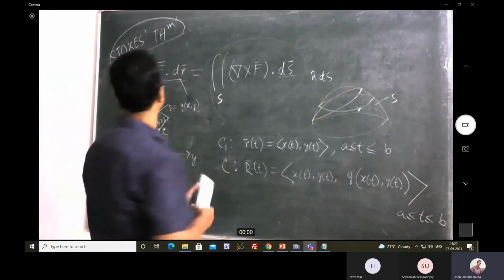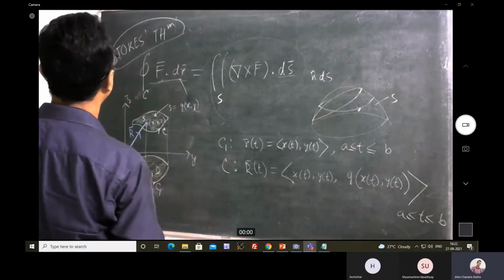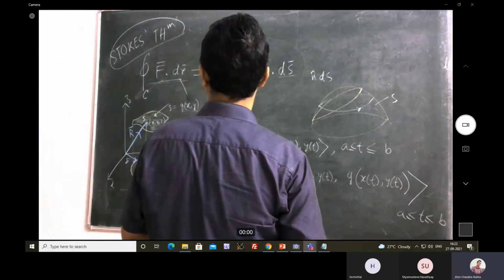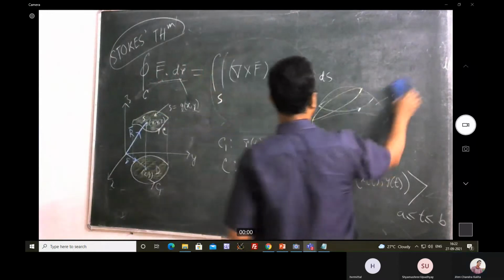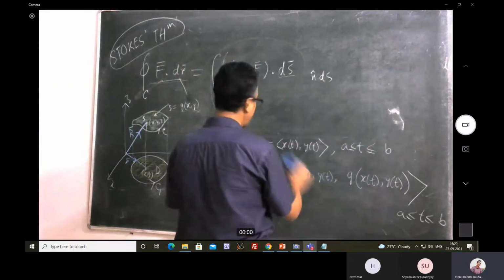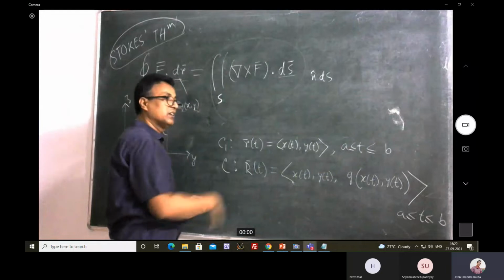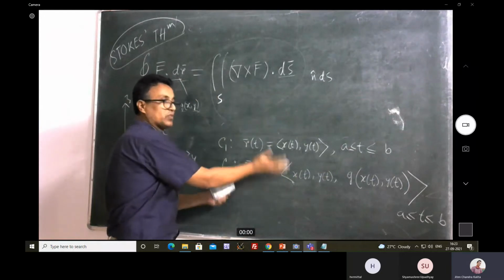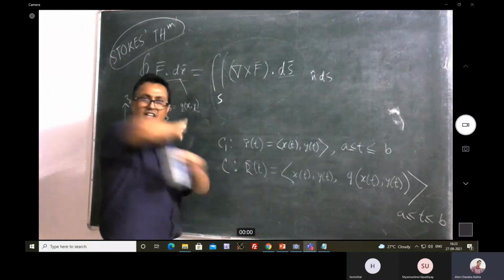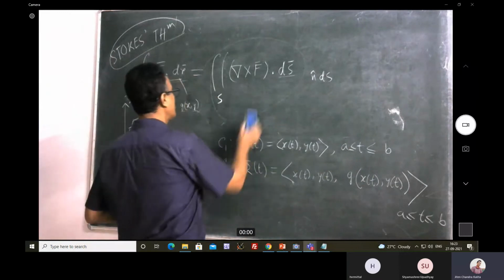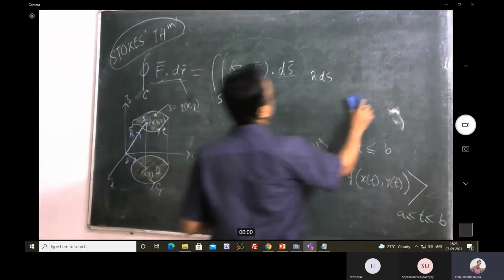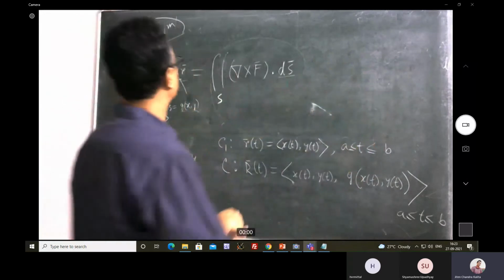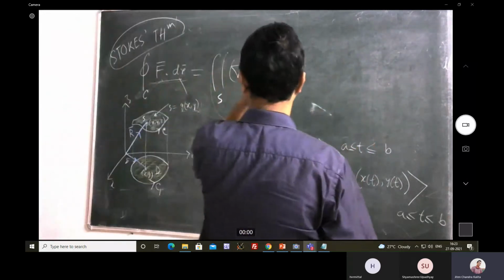Okay, fine. So now this is clear, right? In fact, the clue in proving this theorem lies here. You don't need to worry about it. If you have understood this, everything is pretty straightforward. You have to just know the change.